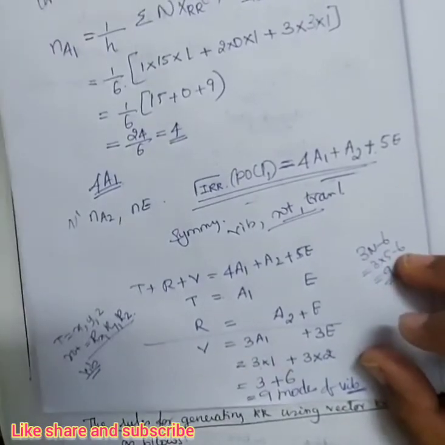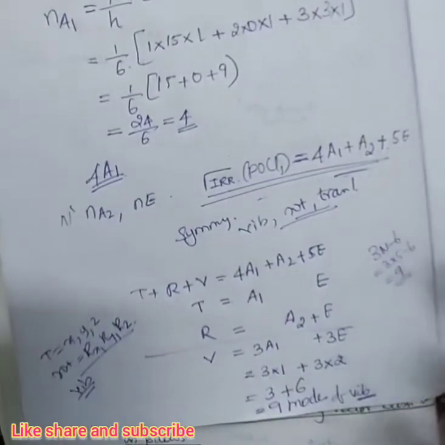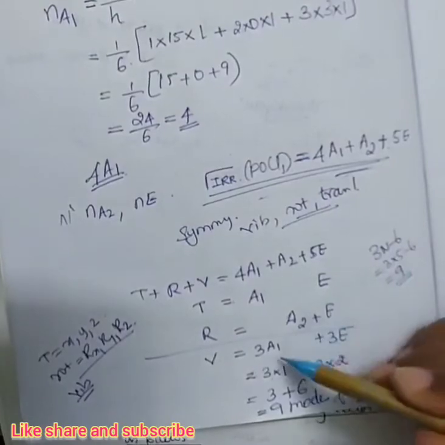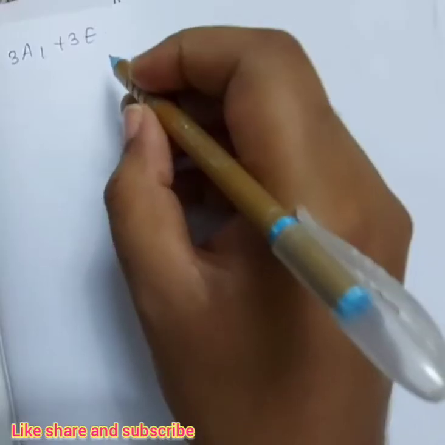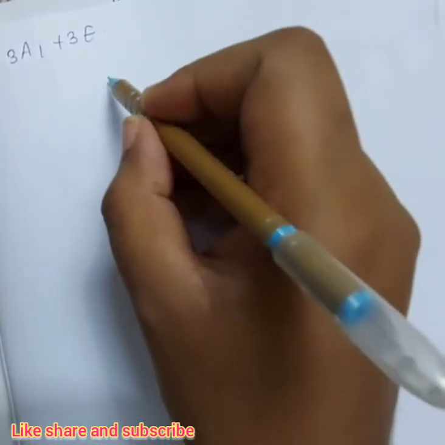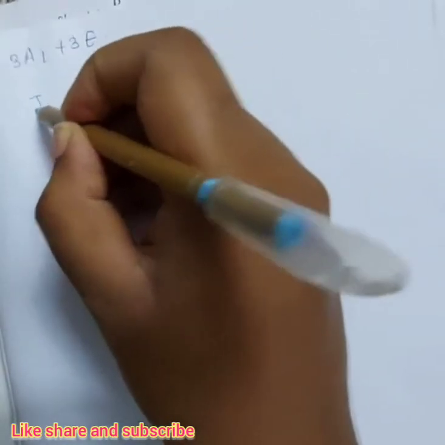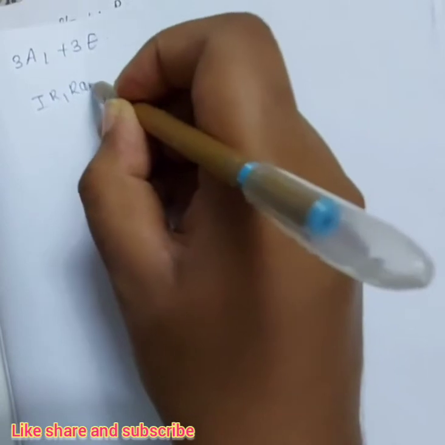The next work is we have to find whether these vibrational modes are IR and Raman active or not. As I have explained in the previous videos, for IR and Raman activity there is a criteria.